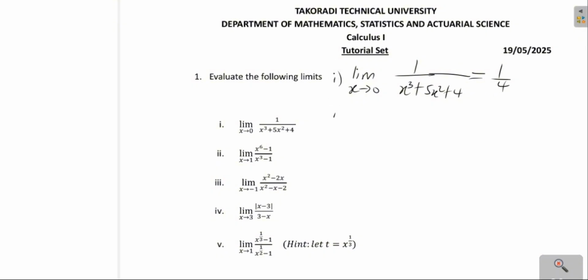Now, the second one, we are supposed to find the limit as x approaches 1 of x to the power 6 minus 1 over x to the power 3 minus 1. Now, notice something with this one.